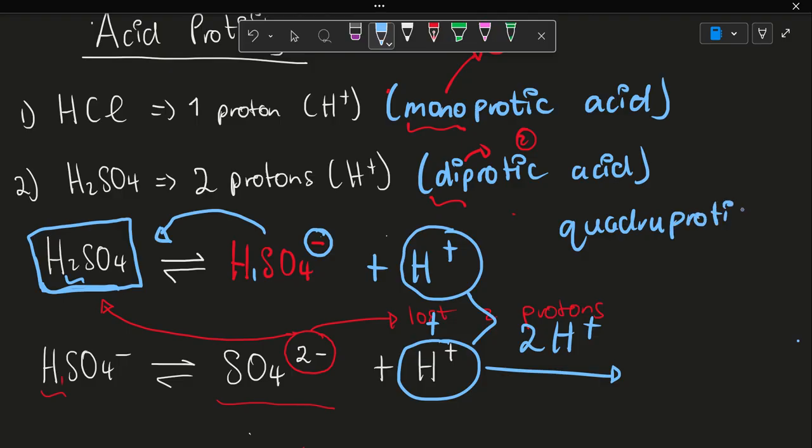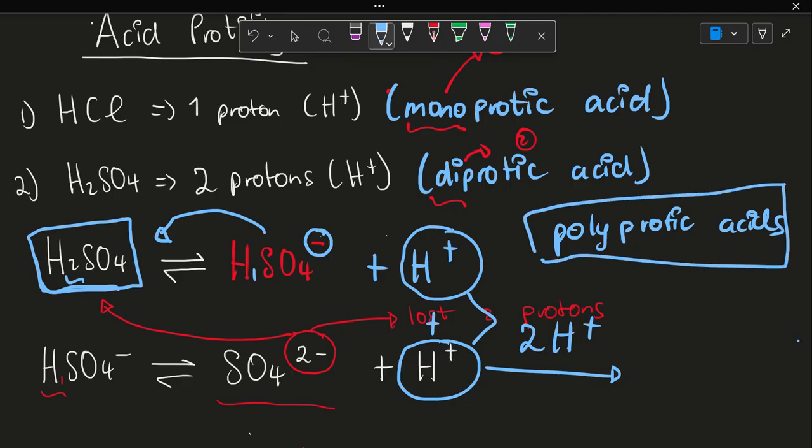Quadriprotic. Ooh, that's a fancy word. You could call it a quadriprotic acid, but we don't really talk about this. We talk about polyprotic acids when it's something more than 3.